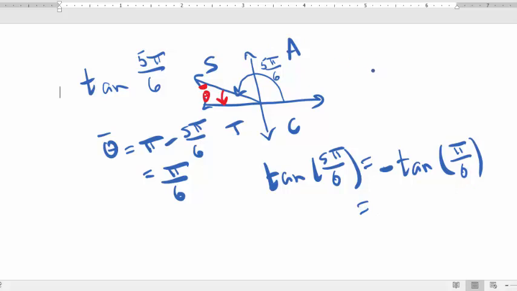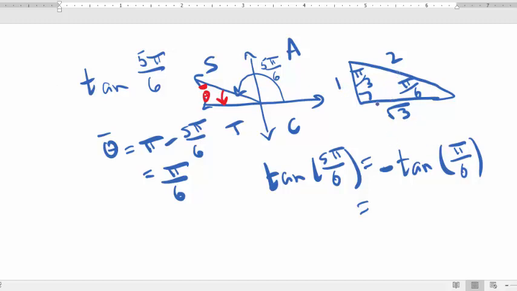So we would, again, go to our 30, 60, 90 triangle. Right, so opposite the pi over 6 is 1, adjacent to pi over 6 is square root of 3, and the hypotenuse is 2. So if we did the tangent of pi over 6, it's opposite over adjacent.